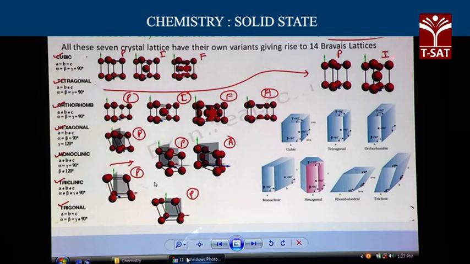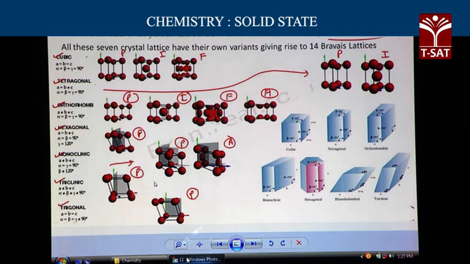Body centered is represented with I. So, for tetragonal, P and I lattices are present. The only crystal system which is orthorhombic has all the four kinds of lattices: primitive, body centered, face centered and end centered.